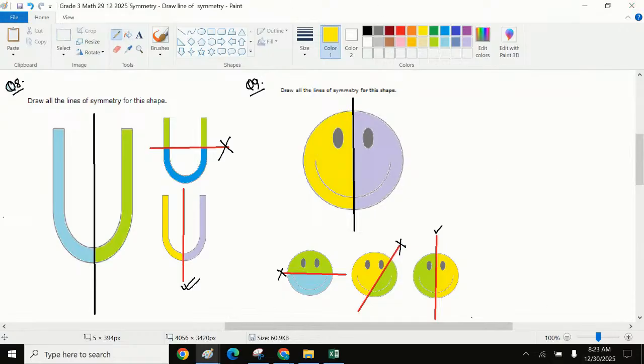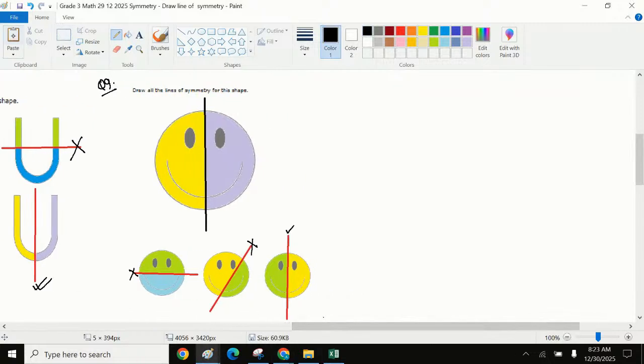Moving on further with the next question, let's try another question. Let's try to make it a little difficult for us. Let's pick up a kite and see what we can do with a kite.